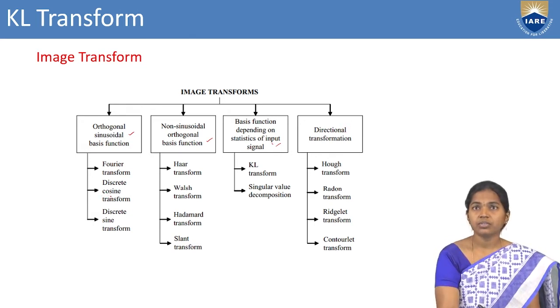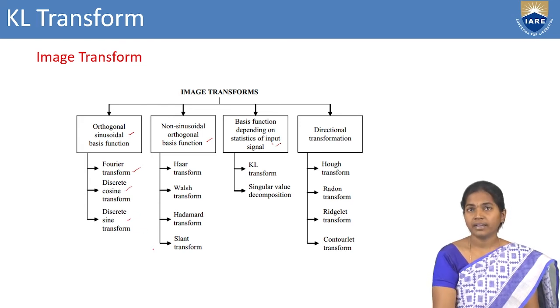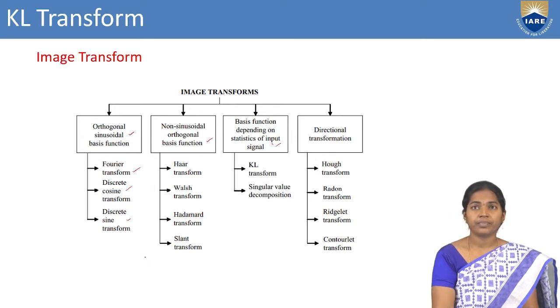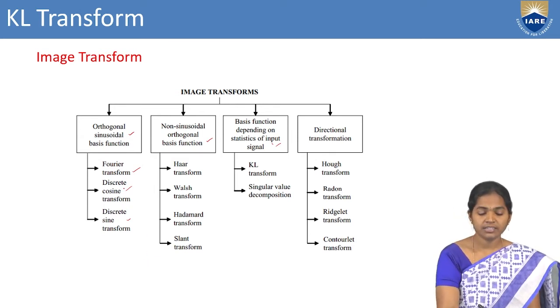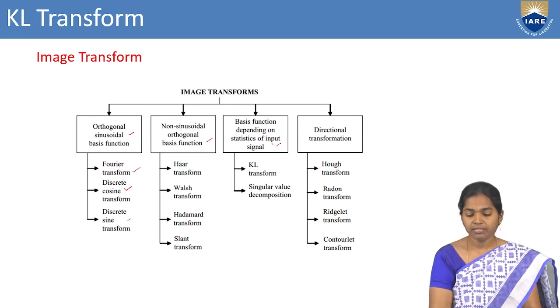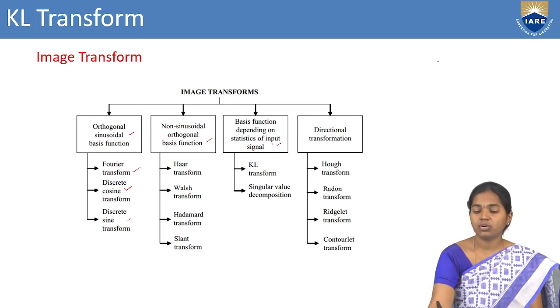In the orthogonal sinusoidal basis function, we have the Fourier transform, discrete cosine transform, and discrete sine transform. In the discrete cosine transform, we have different types of transforms in our model.